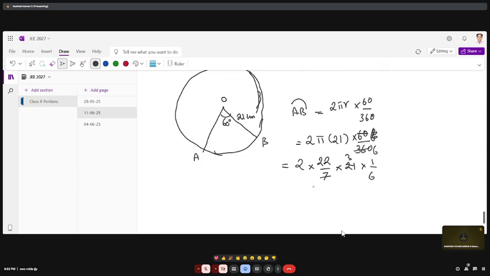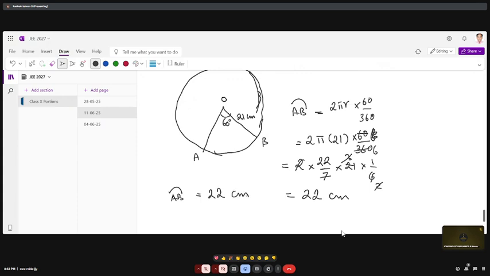This is 3. So this gets cut. 22 centimeters. So arc AB is 22 centimeters.